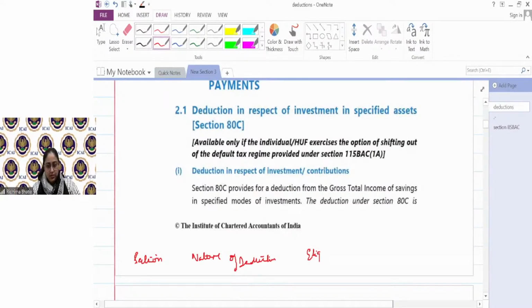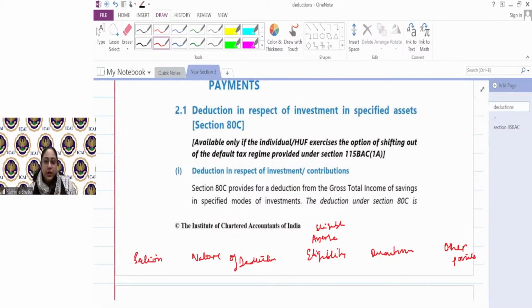Eligibility, that is who is allowed, eligible assessee, you can write. Quantum and other points. You will prepare this chart, or you can do this as homework and revise the sections which are covered today.